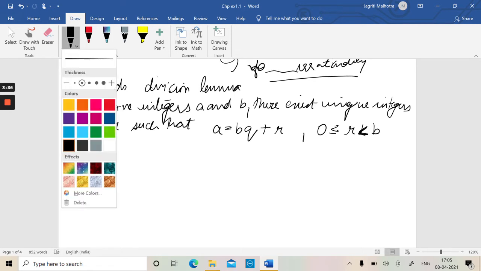This lemma is basically used for computing the HCF of two positive integers.